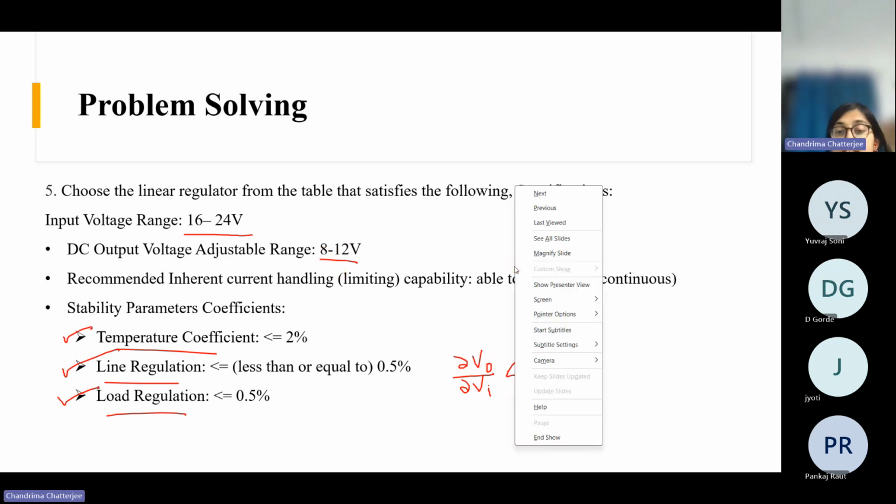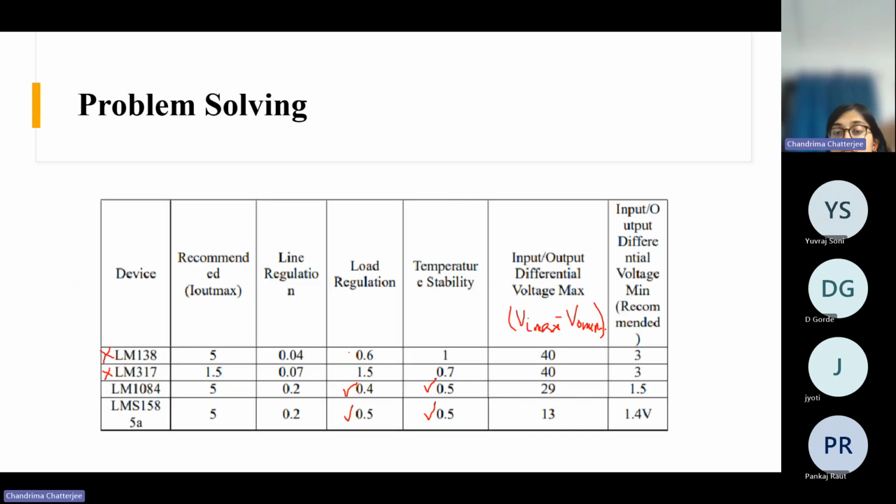So what is the desired input output differential voltage? That is 24 minus 8, right? That is 16. That is required for us to abide by our specification.